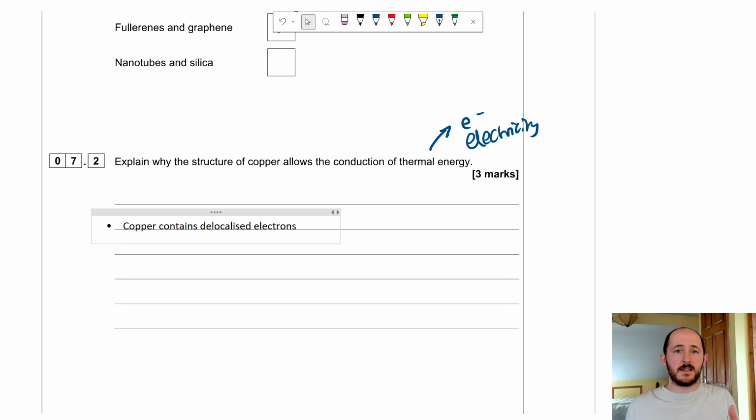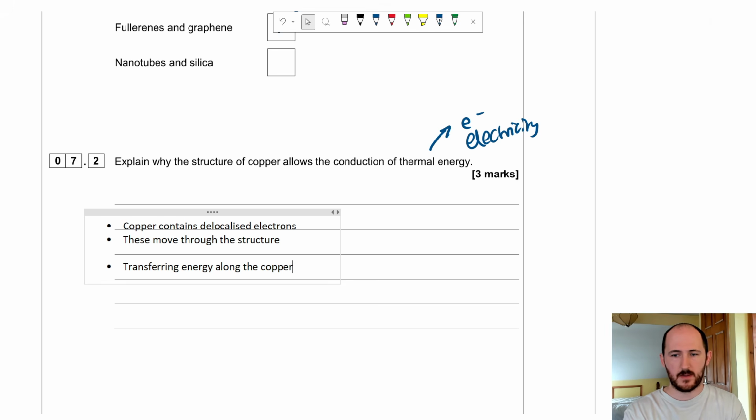Remember, delocalized means that they can move throughout the whole structure. So an electron on one side of a copper tube can move all the way to the other side, completely fine. These move through the structure, transferring energy along the copper, which again, energy in this case is your thermal energy.